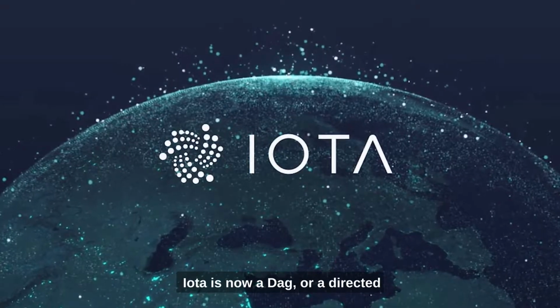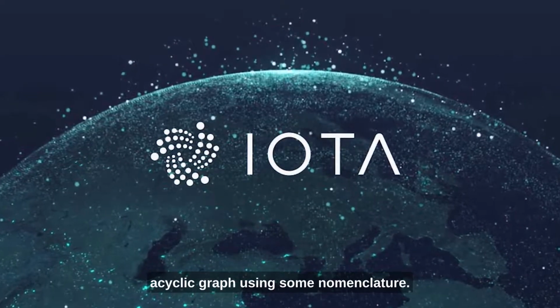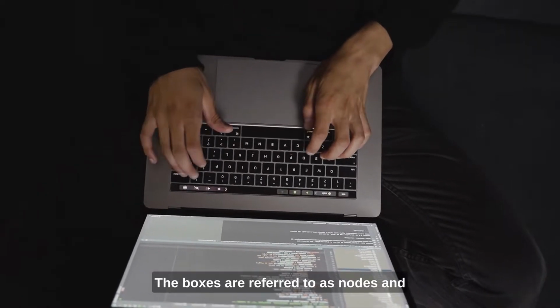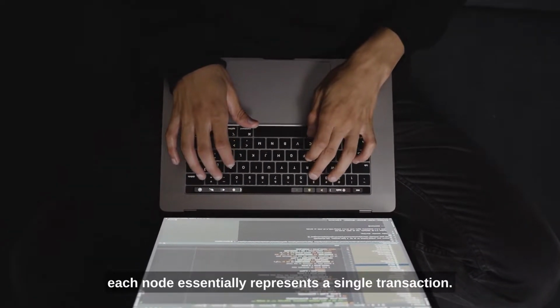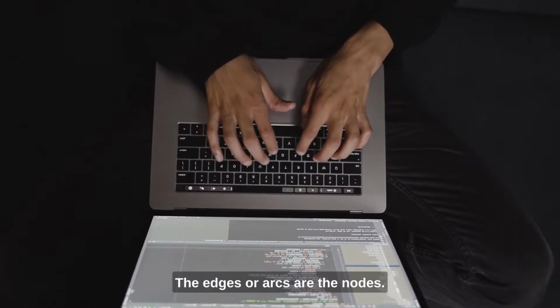IOTA is a DAG, or a directed acyclic graph. Using some nomenclature, the boxes are referred to as nodes, and each node essentially represents a single transaction. The edges or arcs connect the nodes.